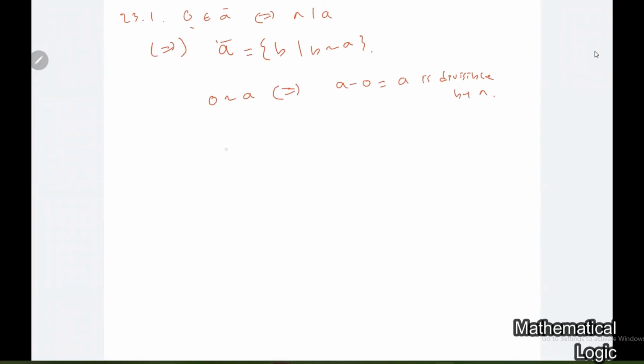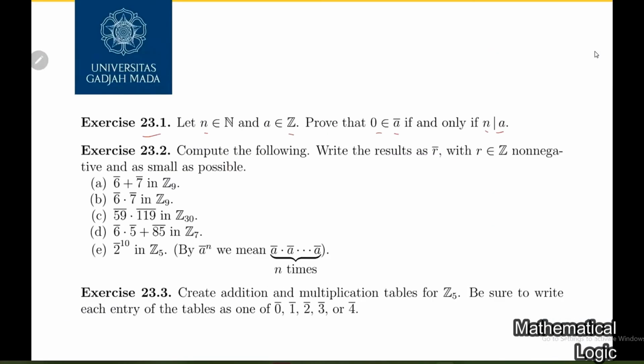So here we know that n divides a. Now we continue from right to left. We have n divides a. That means a minus 0 is divisible by n. That means 0 is in a bar. That's it. Okay, so that's all for 23.1.